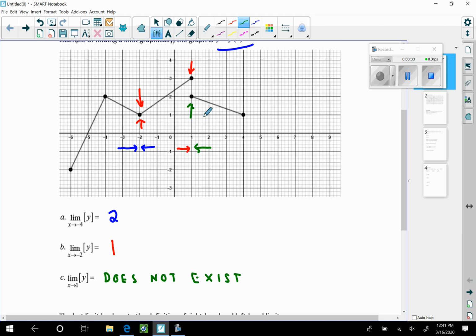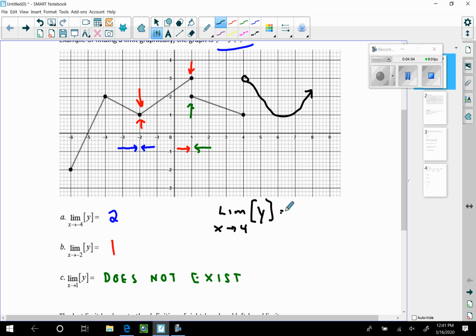I'm going to add one more example on this graph. If I put an open circle here at this value 3, and I just extend my graph of f of x to go on, and I ask this question: what is the limit as x goes to 4 of y, or f, it doesn't matter?